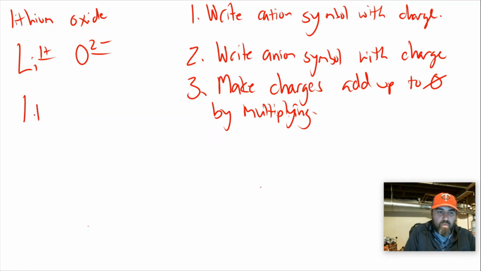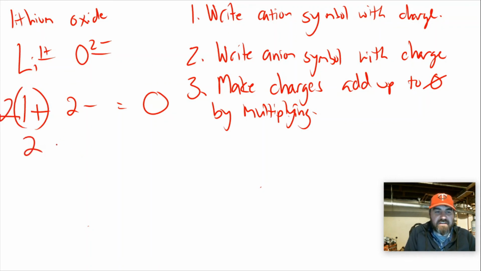Right now we have 1 plus -2, which gives us -1. That's no good. We want 0. So we multiply this 1 by 2. Now we've got 2 plus -2, which gives us 0.